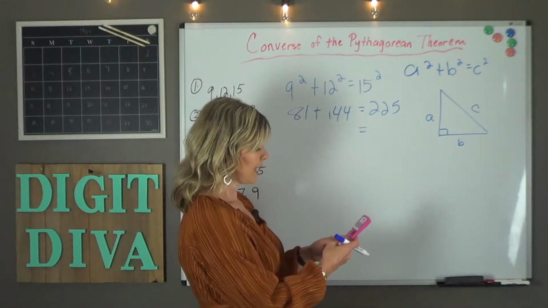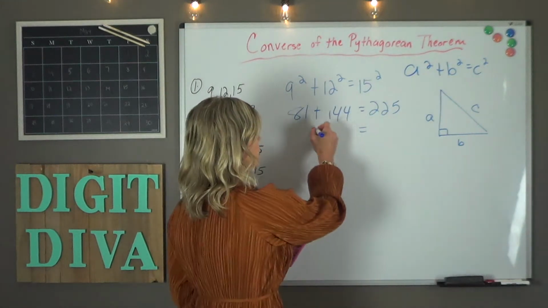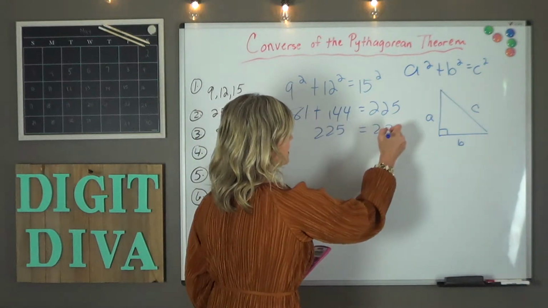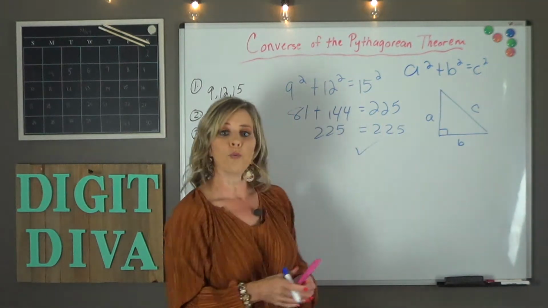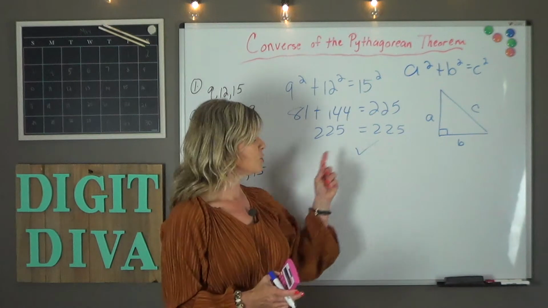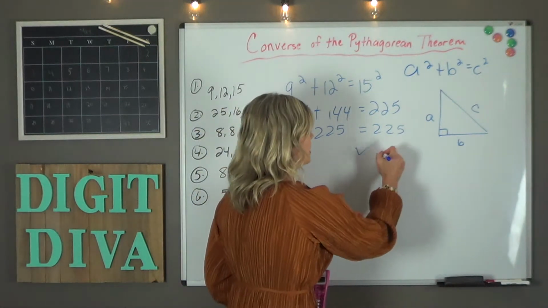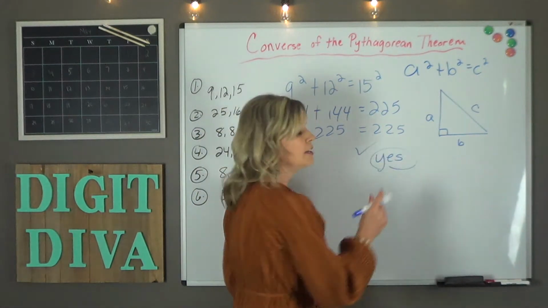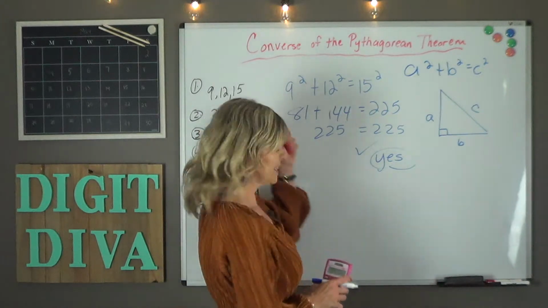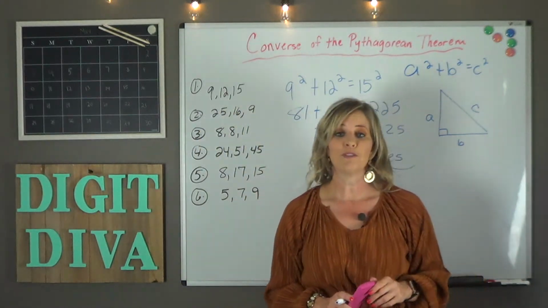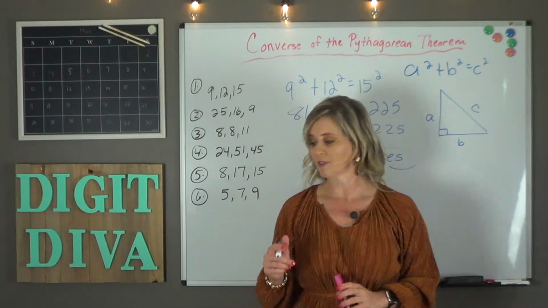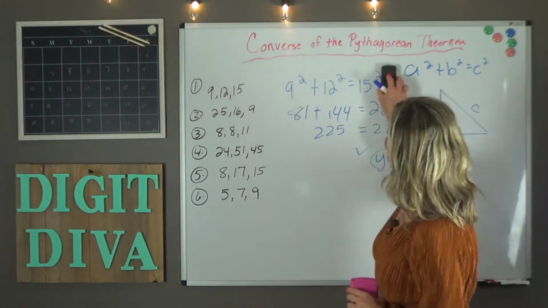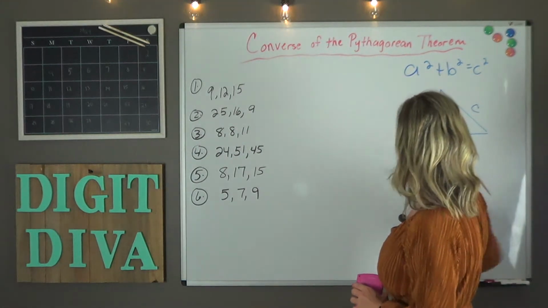So is 81 plus 144 equal to 225? Yes, it is. So when your left-hand side matches your right-hand side, it would be a right triangle, okay? So yes, these side lengths, 9, 12, and 15, would form a right triangle. Hopefully that made sense to you.